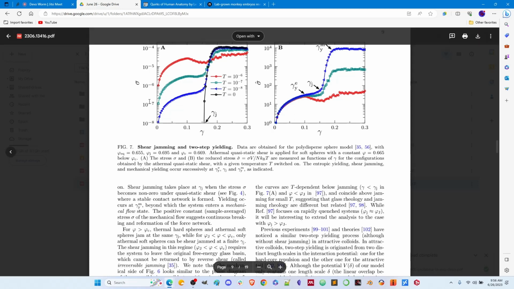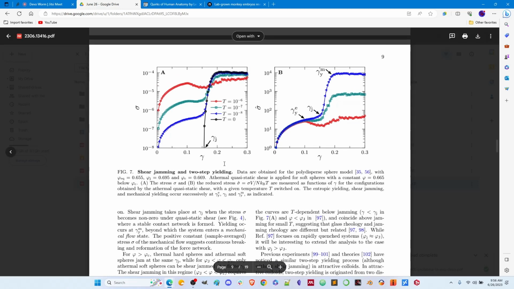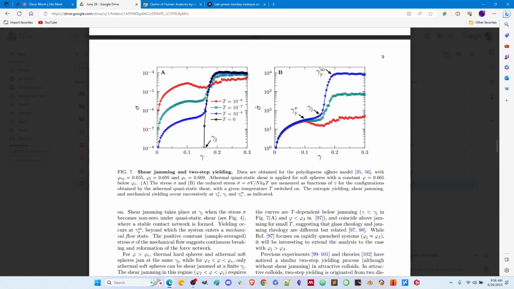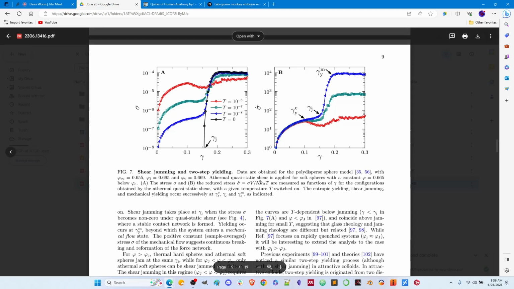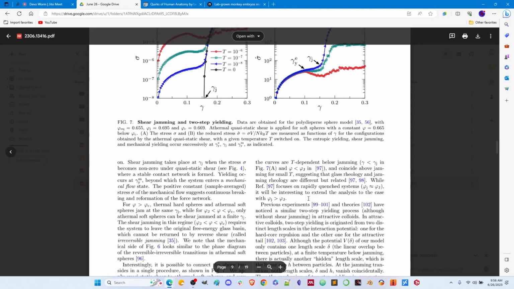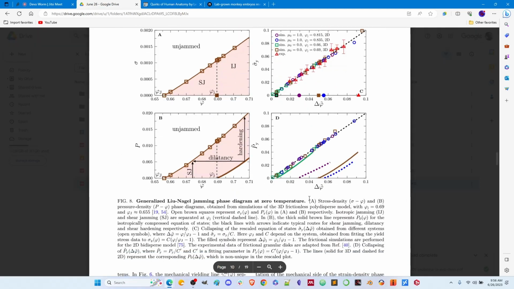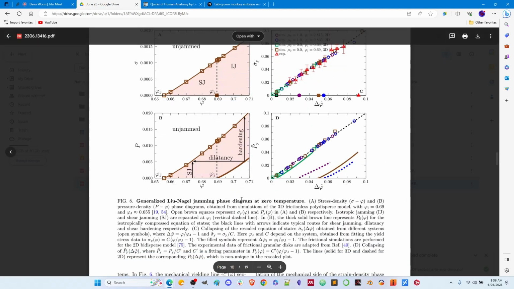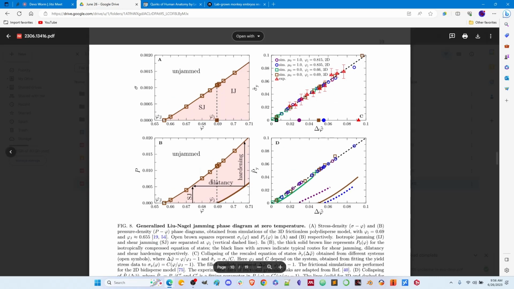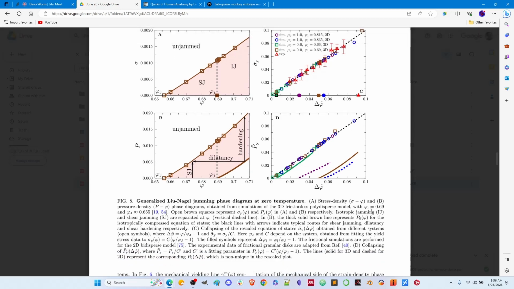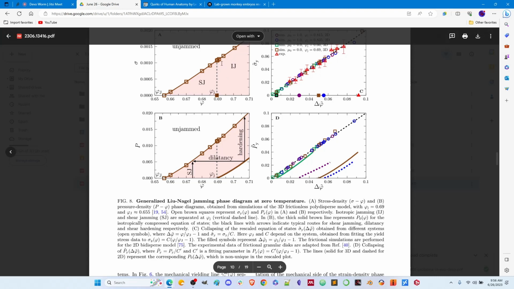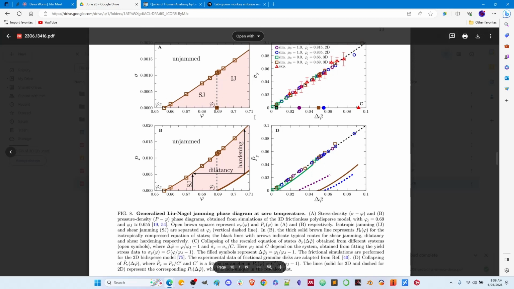This is shear jamming and two-step yielding, so this is where they get into the details of shear jamming. There's this jamming phase diagram at zero temperature, which shows the jammed and unjammed components. There's isotropic jamming, which is IJ over here in graph A, and then there's shear jamming on this side.